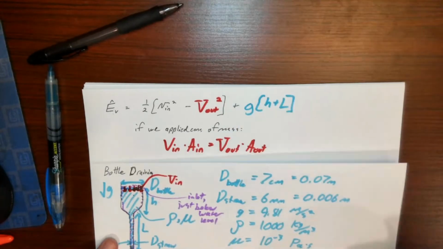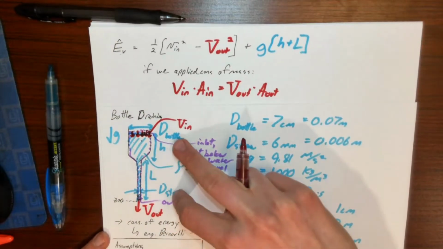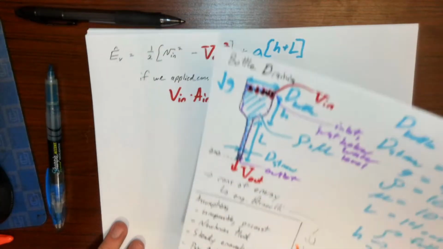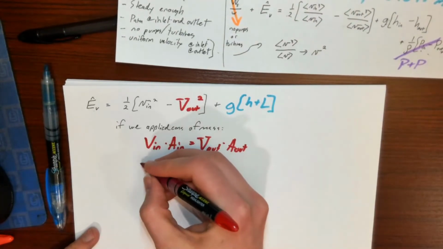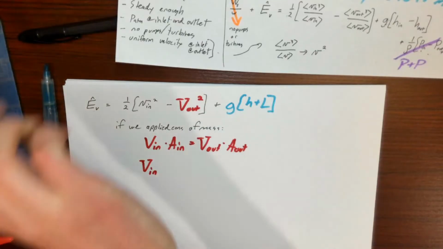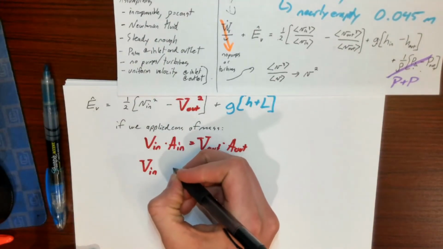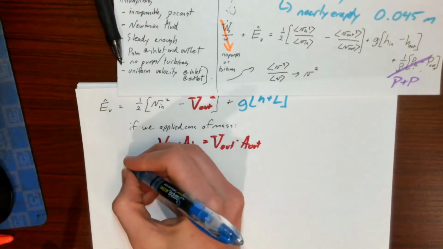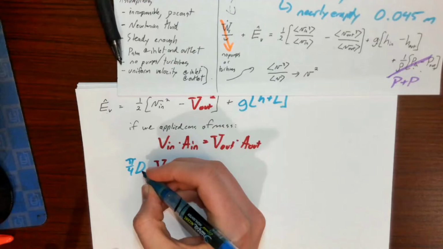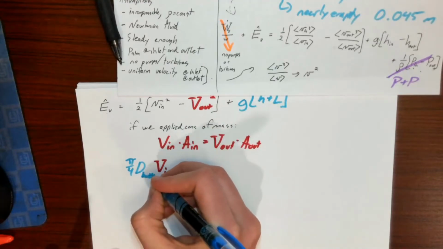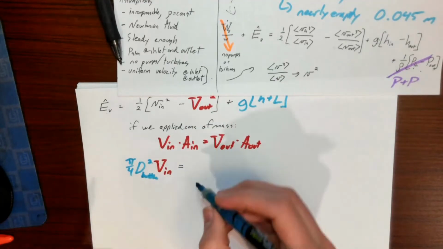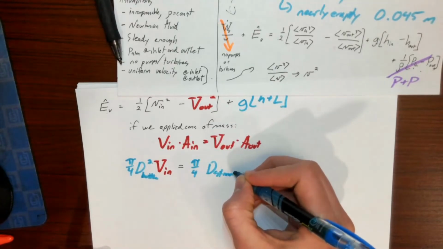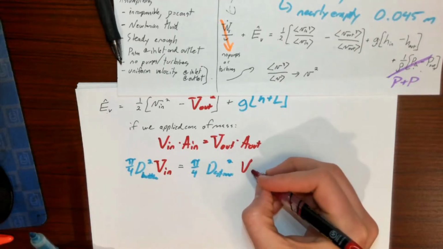But wait a second, we can put the areas of the inlet and outlet in terms of the diameters, right? They'd be pi over 4 of the respective d's squared. So pi over 4 d bottle squared times the velocity of the inlet is equal to pi over 4 d straw squared times the velocity of the outlet.